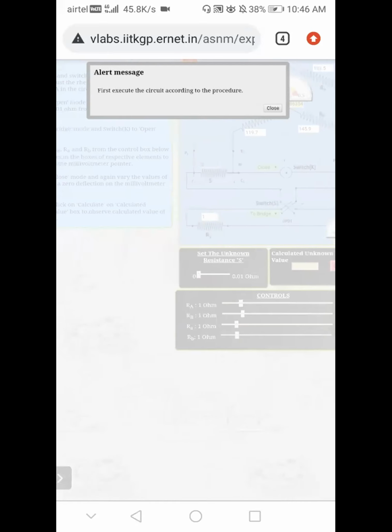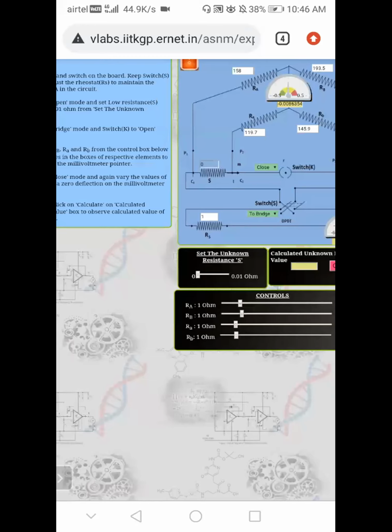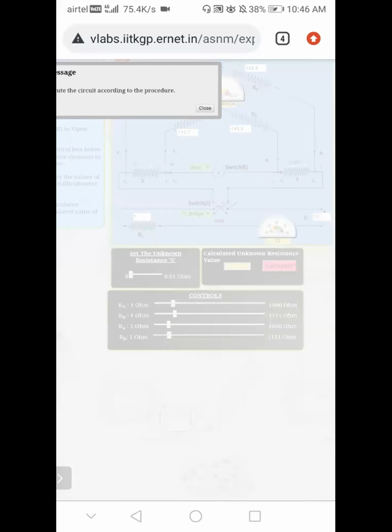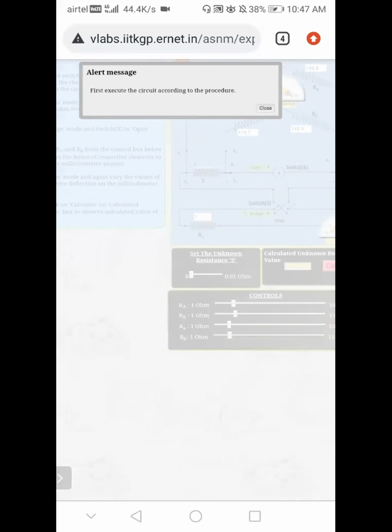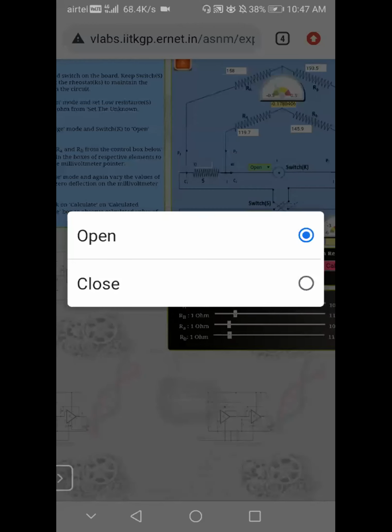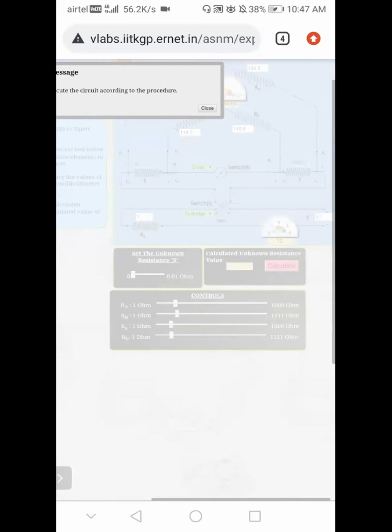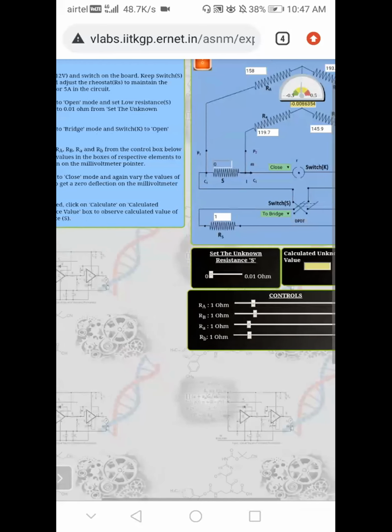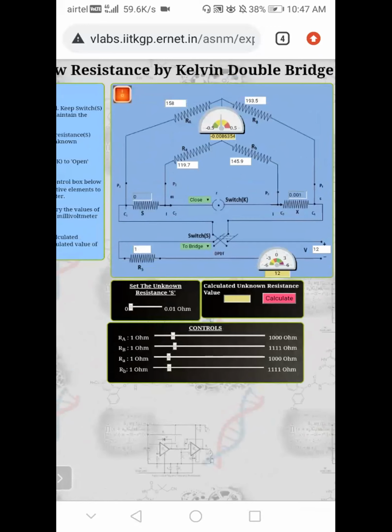Alert message. Close. Execute the circuit. Close. K switch. In between the bridge there is a knob K. You have to close it. Sir, I have closed it but still the same message comes on calculate. It has to be in bridge mode. The switch is in bridge mode, so why is it coming? Then calculate again, it is not taking it, sir.